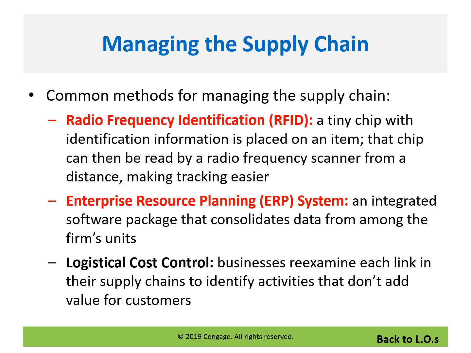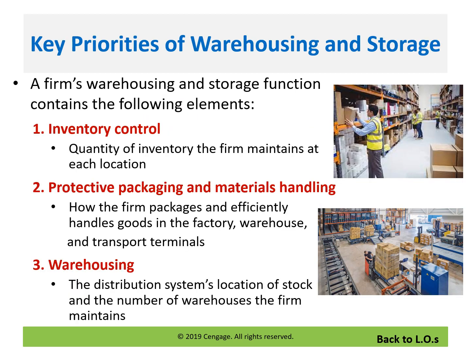Next is Enterprise Resource Planning or ERP system. This is an integrated software package that consolidates data from among the firm's units. Logistical cost control. These are businesses which re-examine each link in their supply chains to identify activities that do not add value for customers.